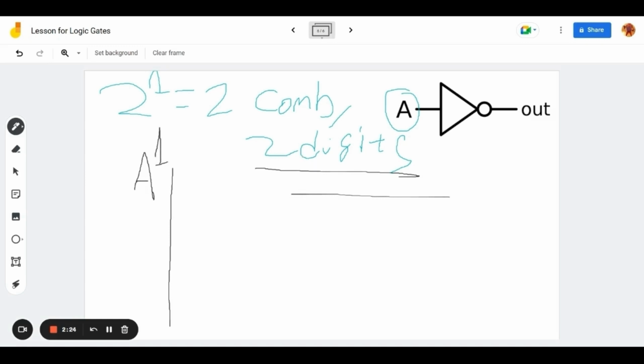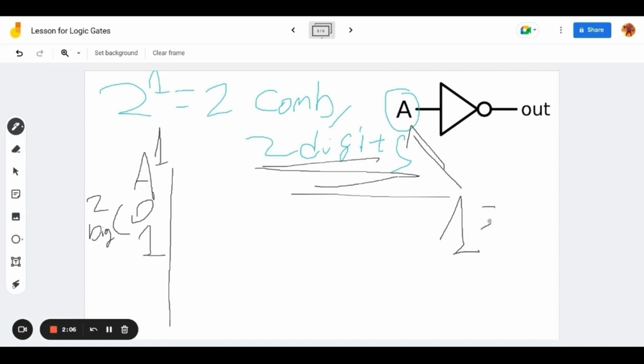We're only counting up to 1. Remember, 0 represents one digit, so we would just do 0 and 1. Here there are two digits, as there's only one input.